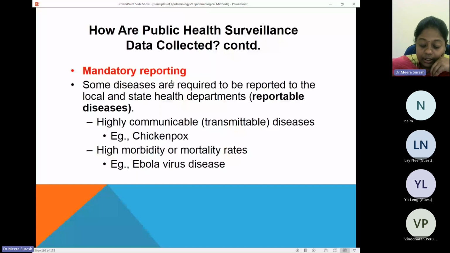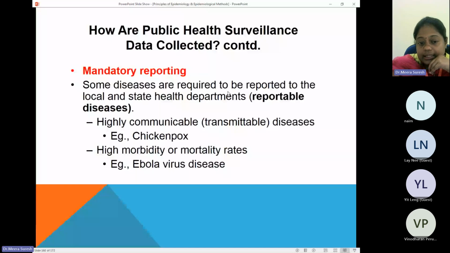If a patient comes to you with that particular disease, you need to report it to the concerned public health department. It is mandatory, and if it is not done, they can take action against you. These are called reportable or notifiable diseases, where medical professionals are bound to report that such and such a case came to us and what we have done.